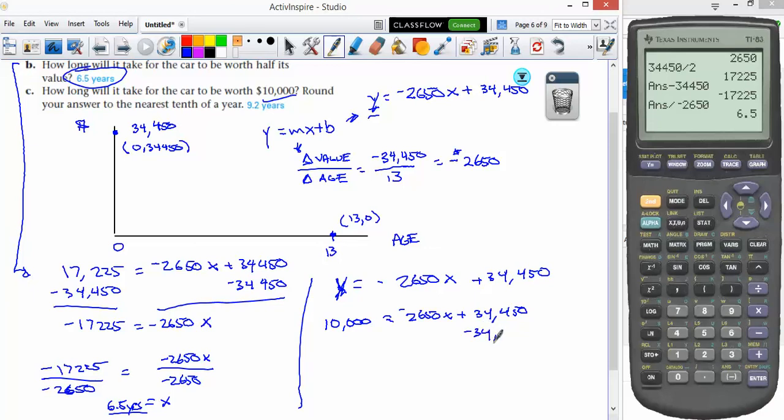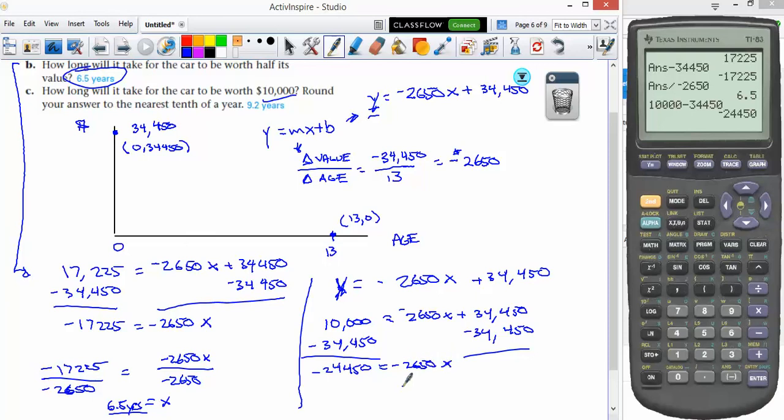So we'll do the same process. Subtract 34,450 from both sides of the equation. So going over to the calculator here, I've got 10,000 minus 34,450 gives me negative 24,450. Negative 24,450 equals negative 2650 times x.